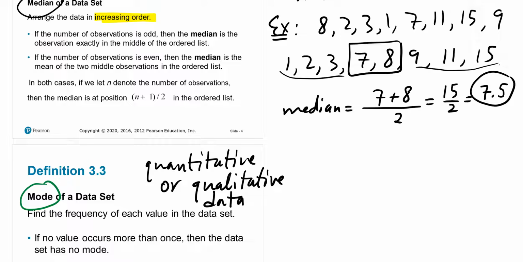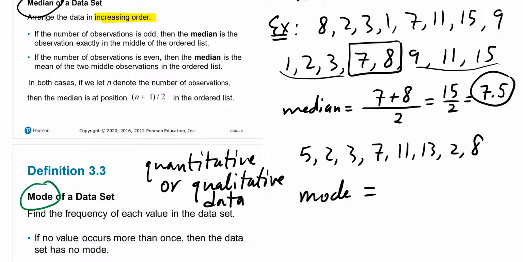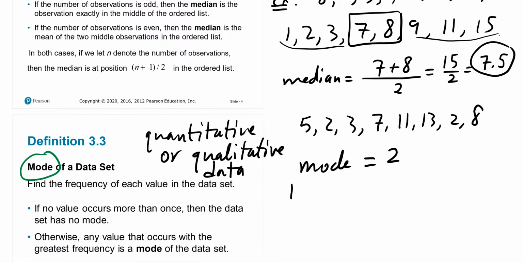So let's say I have the data 5, 2, 3, 7, 11, 13, 2, 8. Which one is the most frequent? Here it is the 2, so the mode is 2. What about if we have 1, 11, 13, 17, 1, 21, 5, 13?